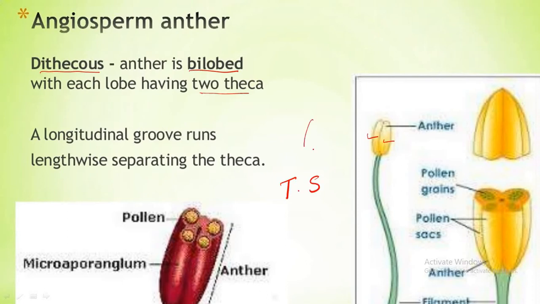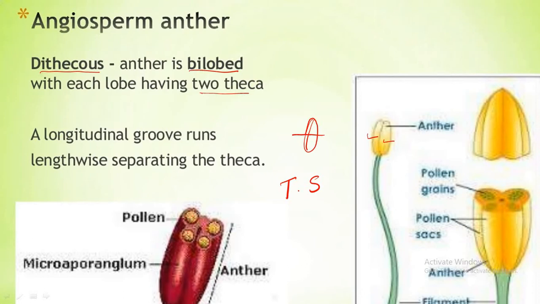So the cross section means the transverse section. This is a bilobed structure, and if we cut the anther like this, it is called the transverse section or the cross section. When we take the cross section, the anther is four-sided, you can see 1, 2, 3 and 4, or tetragonal, consisting of four microsporangia.